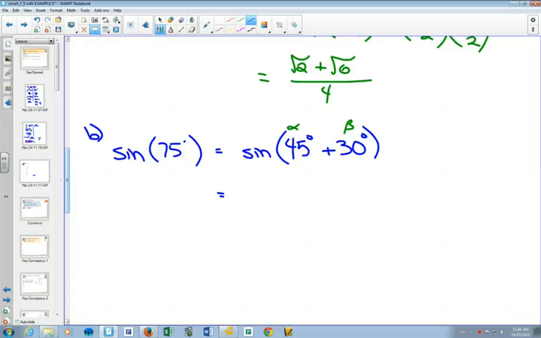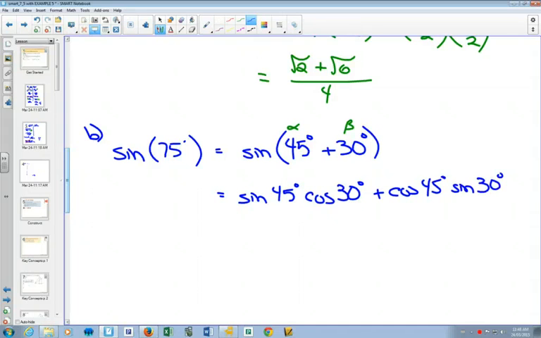Sine alpha plus beta formula says sine alpha cos beta plus cos alpha sine beta. If you forget the degree sign once, then you're talking radians, and then your question is no longer accurate. On the exam, they would take off a half a mark deduction if you forget your degree sign once.